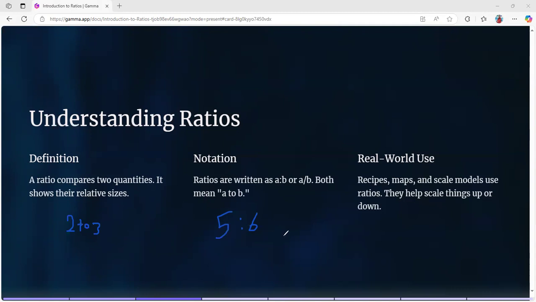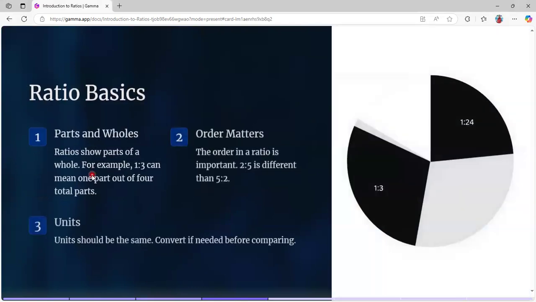This is the same if we write 5 over 6 or 5 to 6. So we can write ratio in three forms, and we use ratio in real life, in recipes, maps, scale, etc. Okay, now let's dive into this lesson and know everything about ratios.